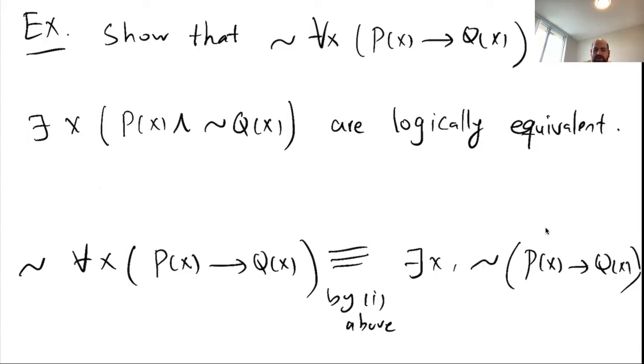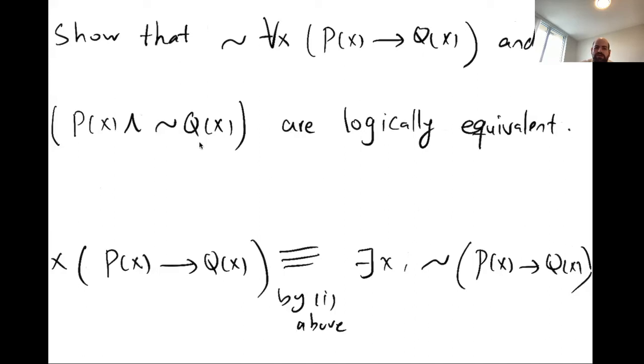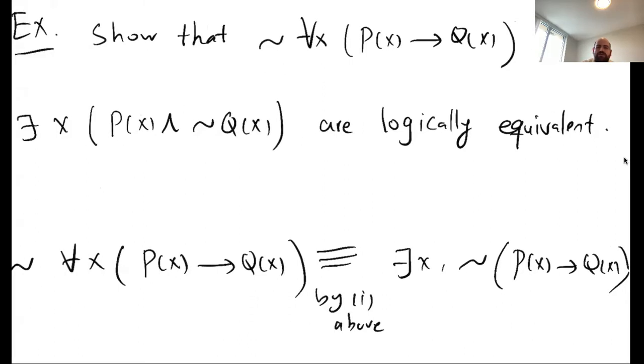Now this part I'm showing with the cursor, this part I have to show that it's the same or equivalent with this part. How can I do that? So there is an implication here, but there is a conjunction here. So how can I relate implication with conjunction?